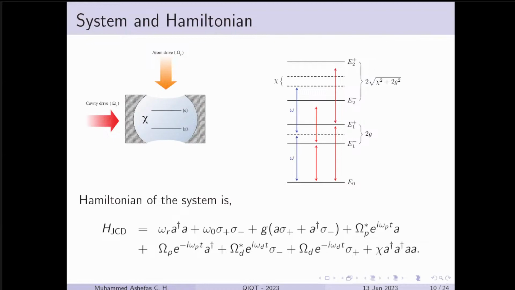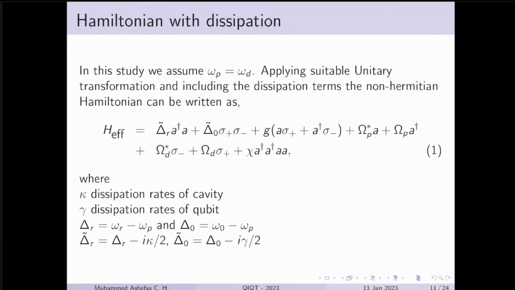The qubit is driven by another laser field, and its strength and frequency are denoted by capital omega d and small omega d. Now, since it is an open system, there is also the possibility of dissipation, so we have to include dissipation as well. If you include dissipation and use a unitary transformation, it is possible to write the total Hamiltonian in this form.